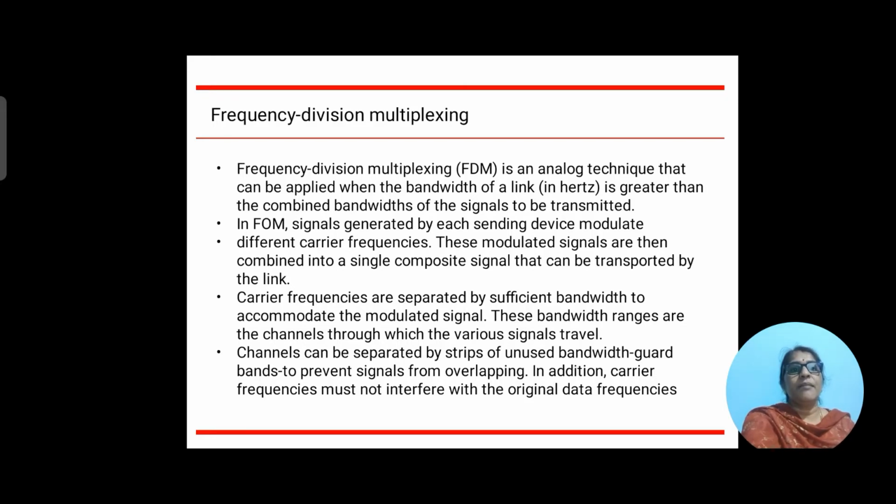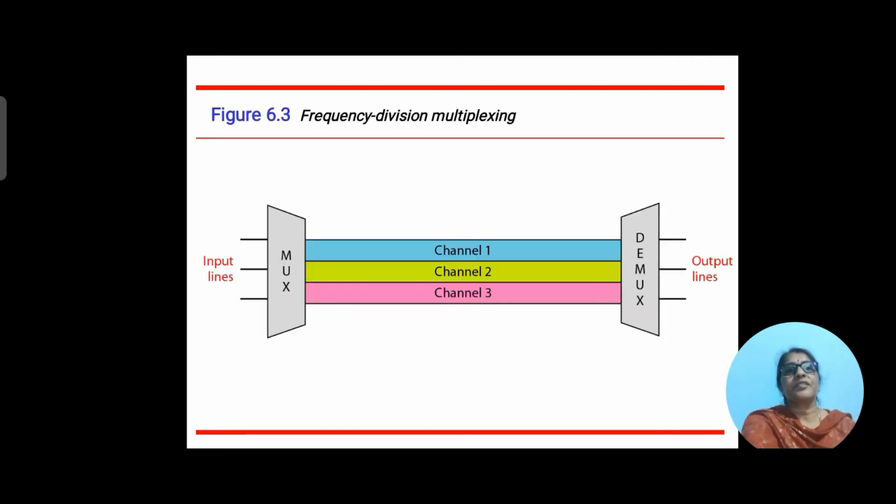These bandwidth ranges are the channels through which the various signals travel. Channels can be separated by strips of unused bandwidth, guard bands, to prevent signals from overlapping. In addition, carrier frequencies must not interfere with the original data frequency.